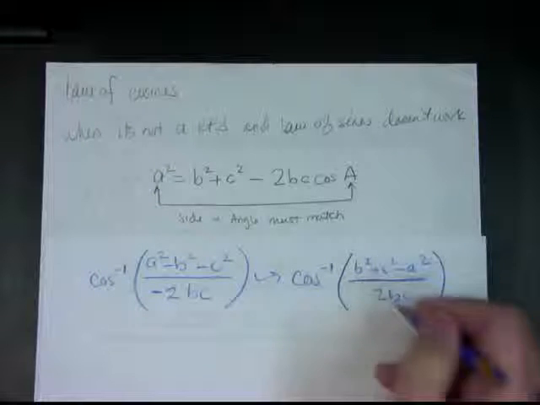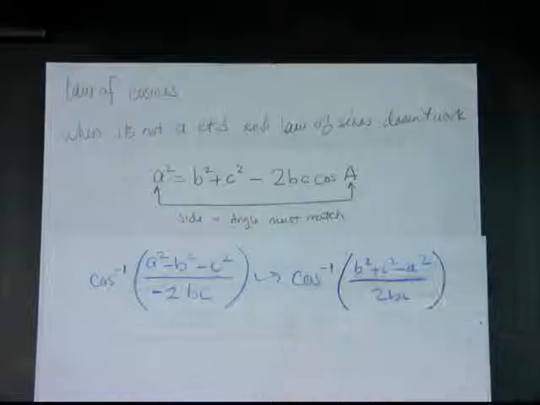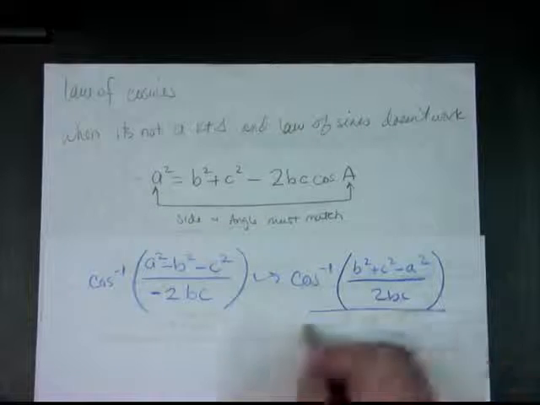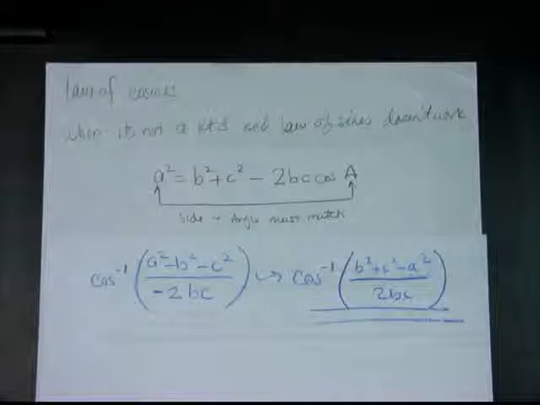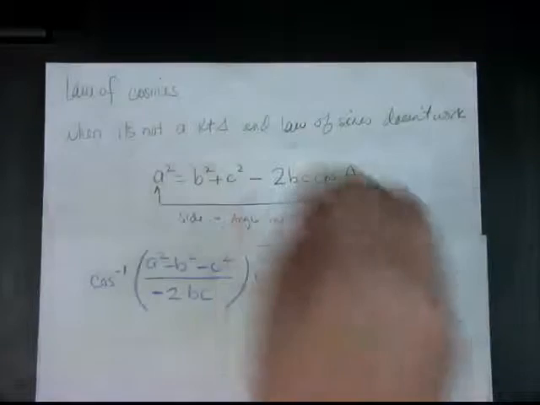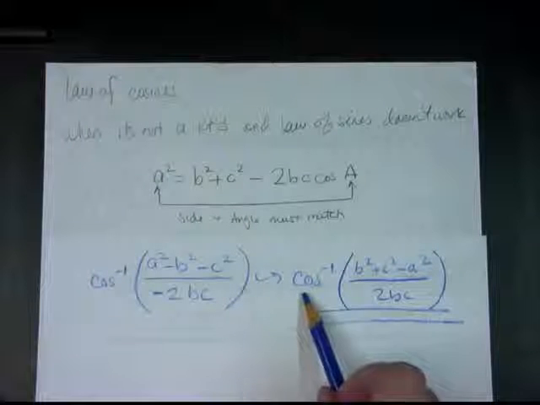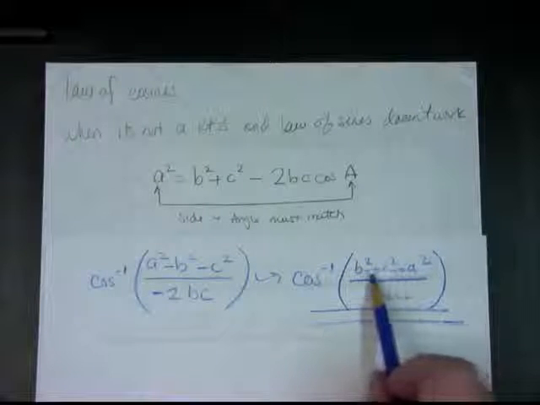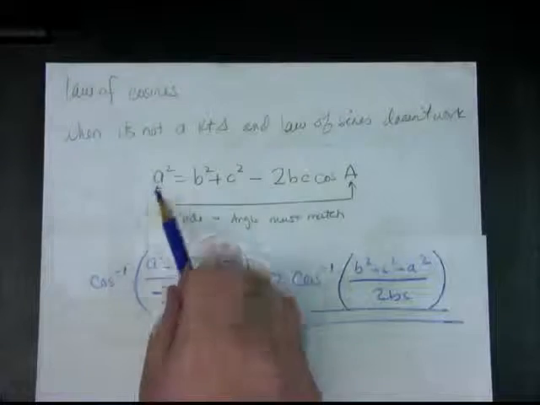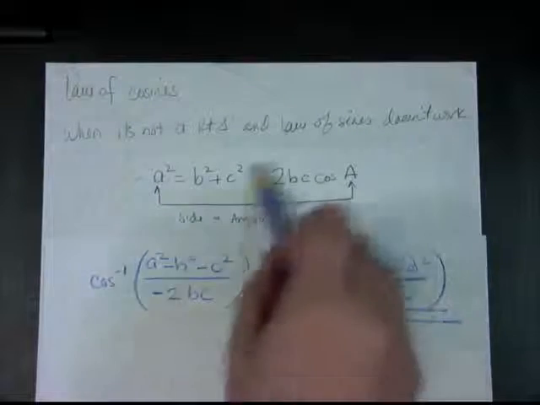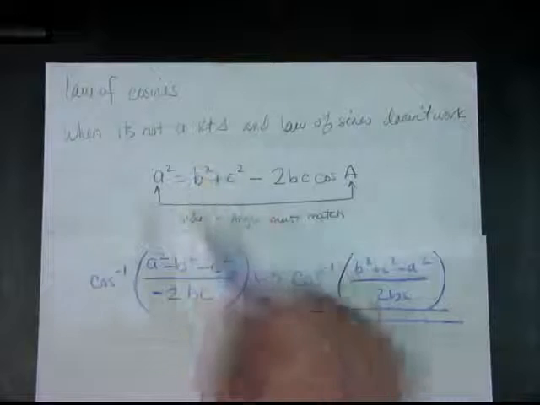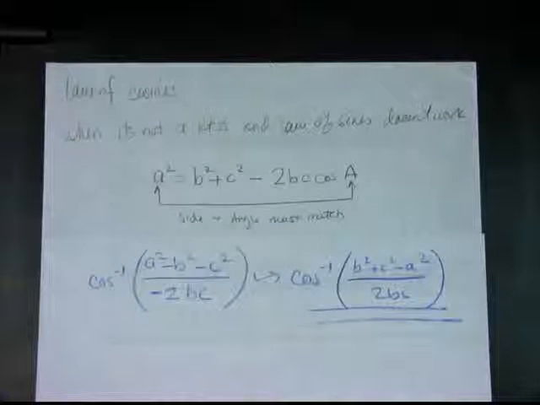The other two pieces are positive and they're being added. So if you're finding the angle, this is the solved version of it. Inverse cosine, because that's how we find an angle. The other two sides squared added together, subtract the side you want, divided by 2 times those other two sides.